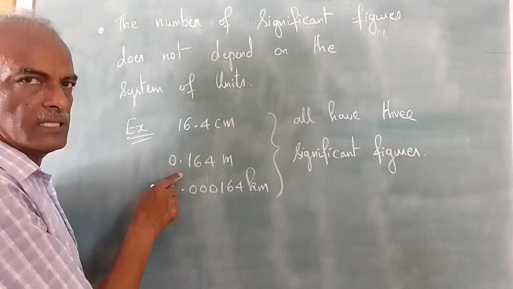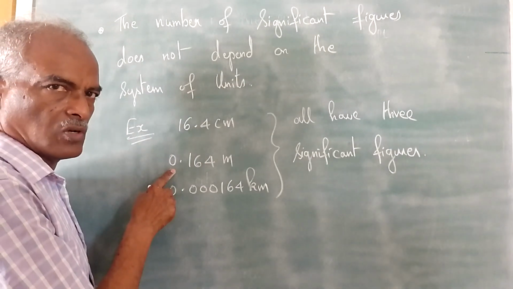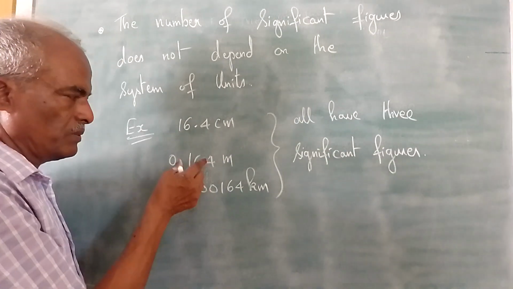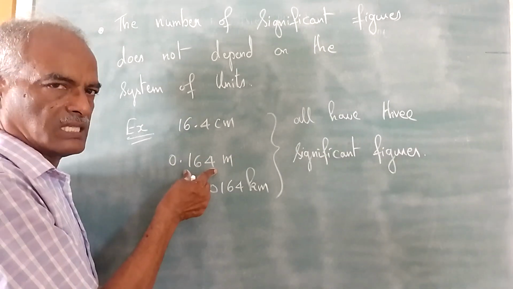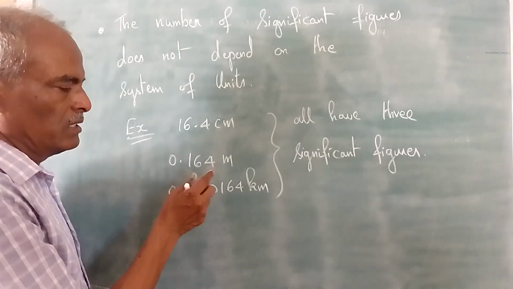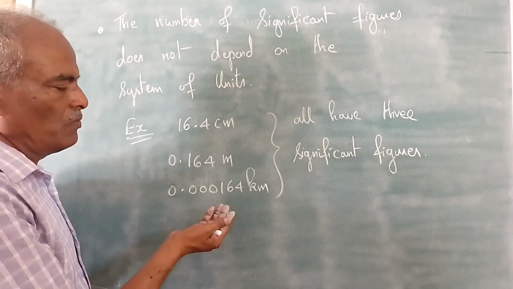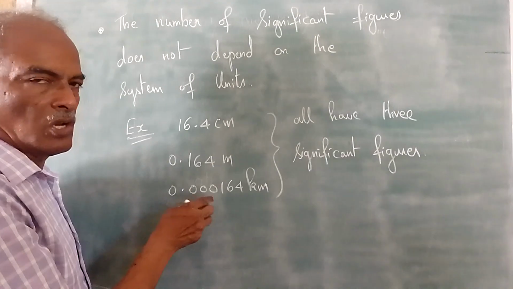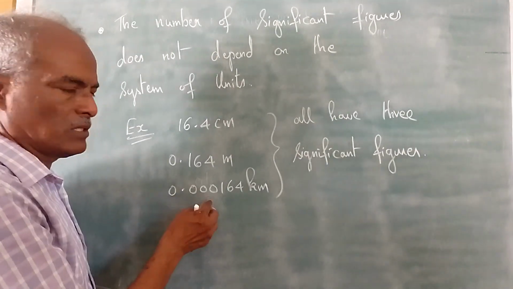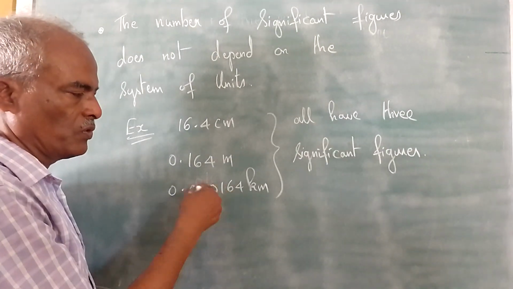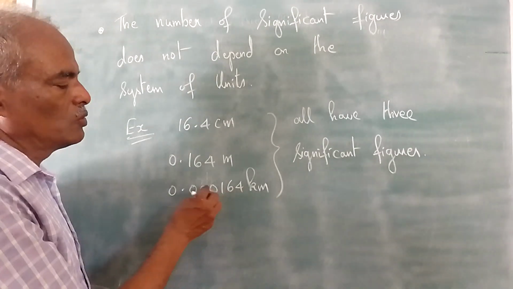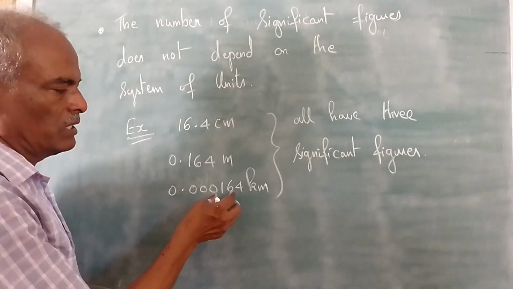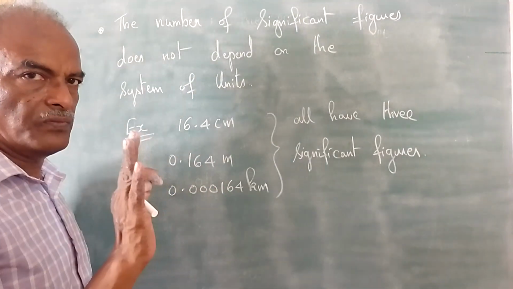In the next case, this 0 is not taken into account. We have seen in the previous case itself, you will have only three significant figures. In the previous rule, we already saw that these three zeros are not taken into account, because they come after the decimal point and before the non-zero digits. So it has only three significant figures.